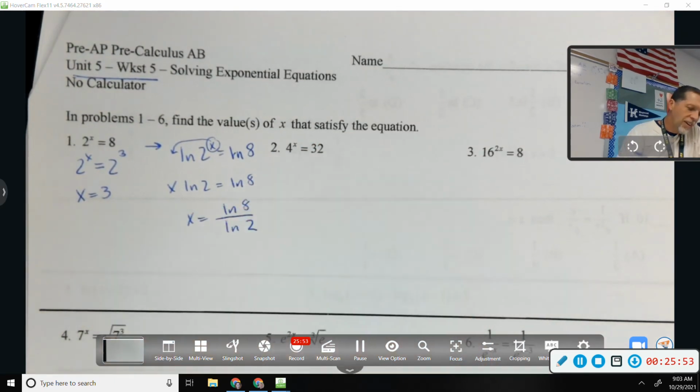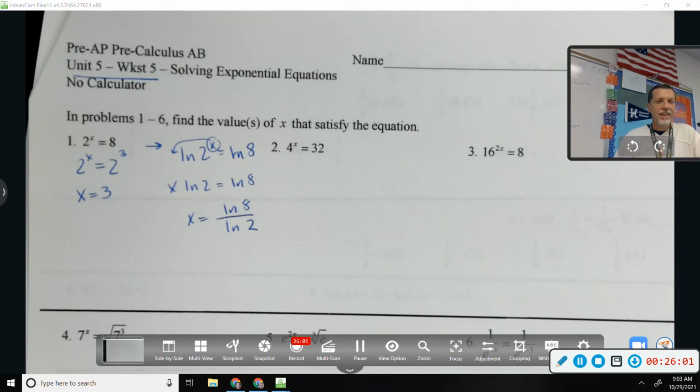Natural log 8 divided by natural log 2. Wait a minute, is that 3? You might think it would be 4. It's not 4 though. Definitely not 3.